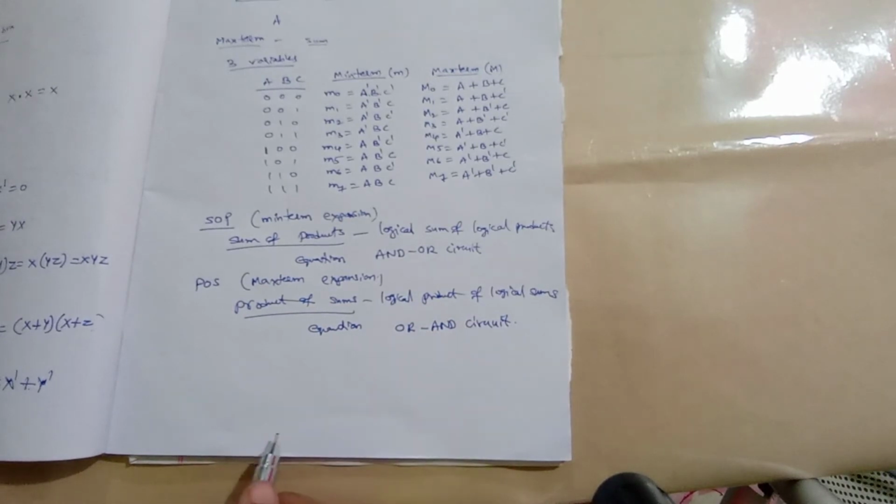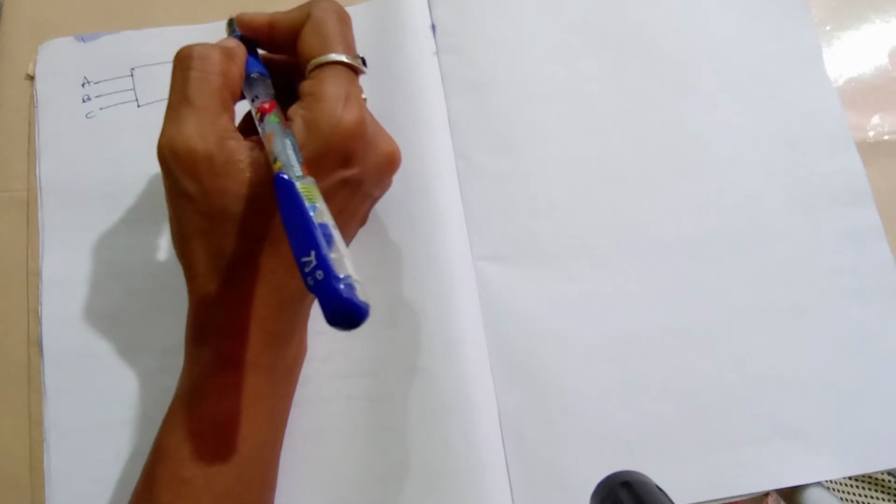Okay, now we'll see the circuit. Combinational circuit. Here considering three inputs A, B, C and the function f is the combinational circuit. These functions were represented as y is equal to small f of a comma b comma c.